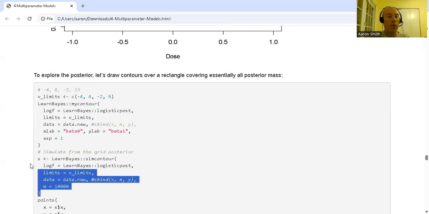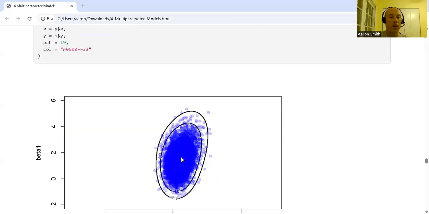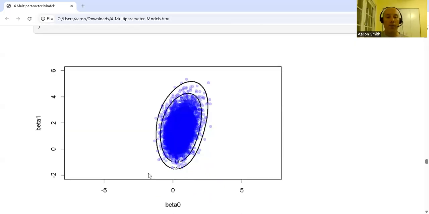And then I can also do a simulation to double check everything and see what the combinations will actually look like. Okay, so here I have a contour plot where it looks like there's going to be a hill centered about here or so.